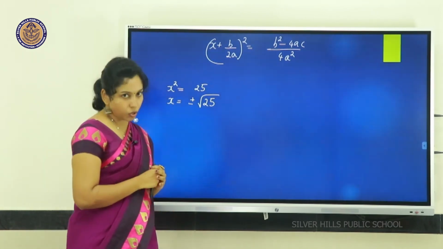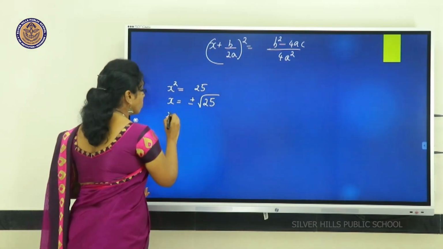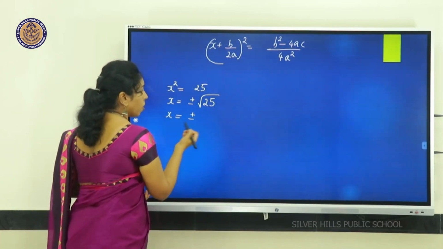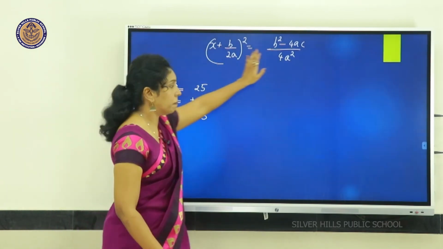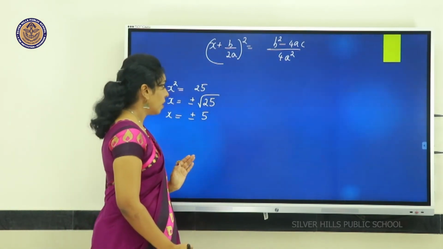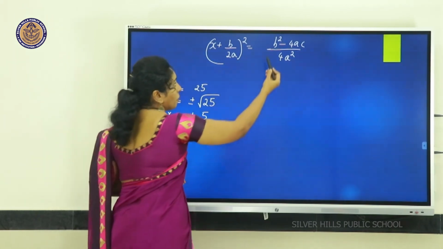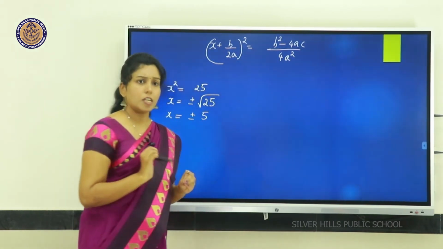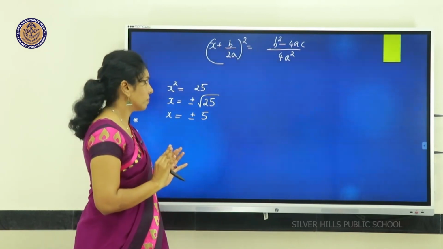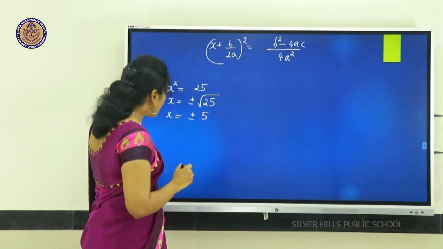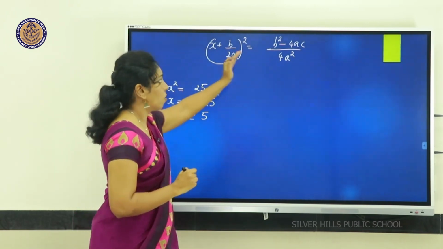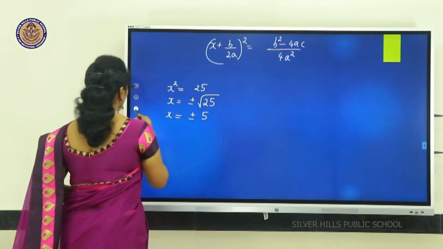Plus or minus root 25. And what is plus or minus root 25? It is plus or minus 5. So the same logic we are applying here. Just imagine b square minus 4ac is a positive quantity. So as we did this step, we can also write this step. So how can we write it?